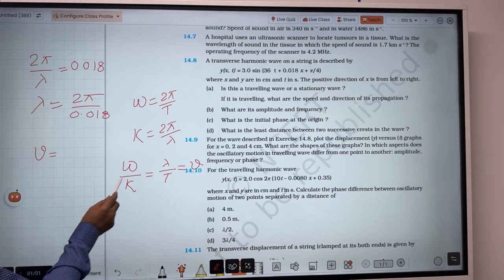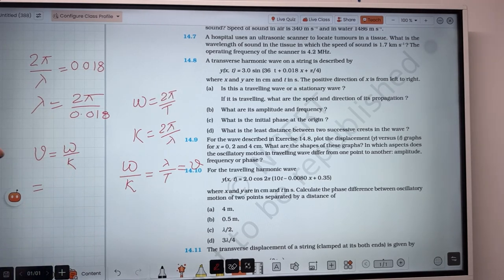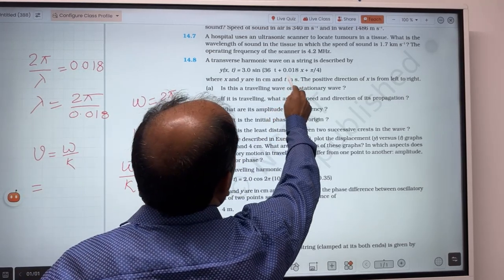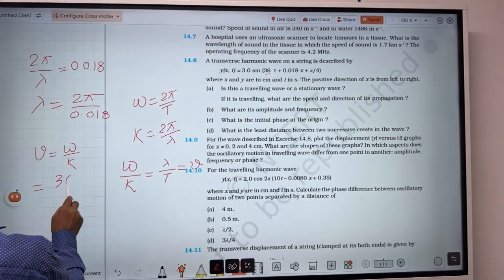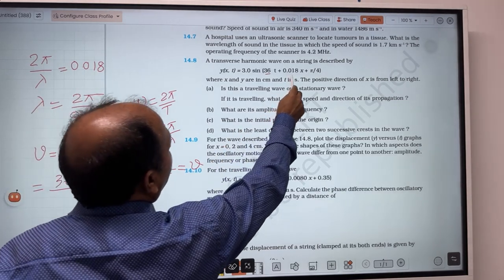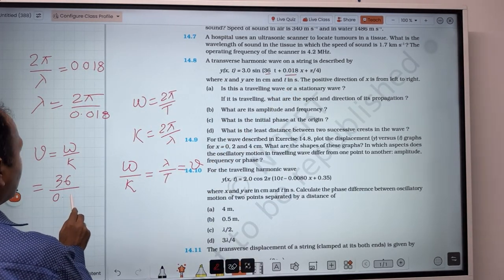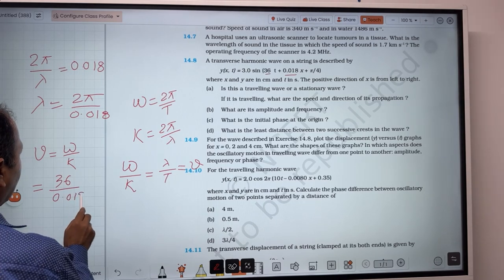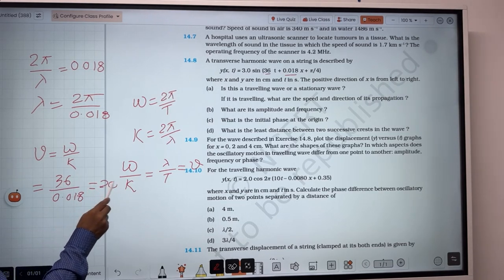So we just have to put the ratio of omega and k. Omega in our question is 36, divided by k, which is 0.018. So we get the value of velocity, that will be 20 meter per second.